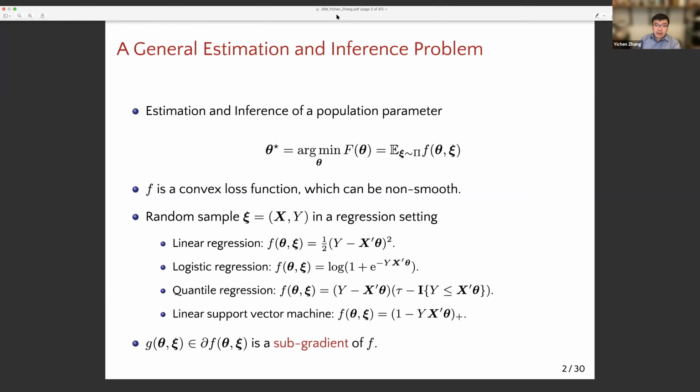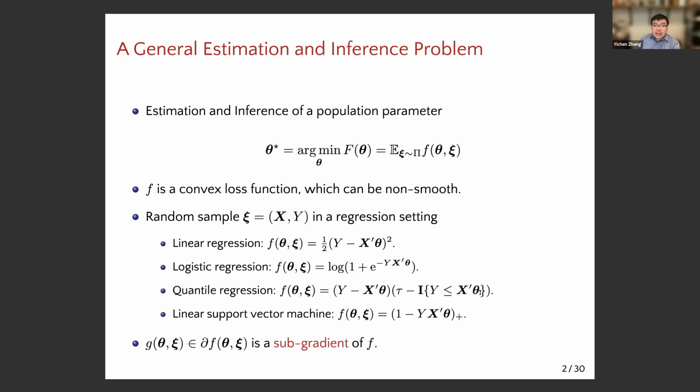For example, in linear regression we would use the squared error for the loss function, in logistic regression we have the logistic function for the loss function, and for quantile regression and linear support vector machine, here is the individual loss function.